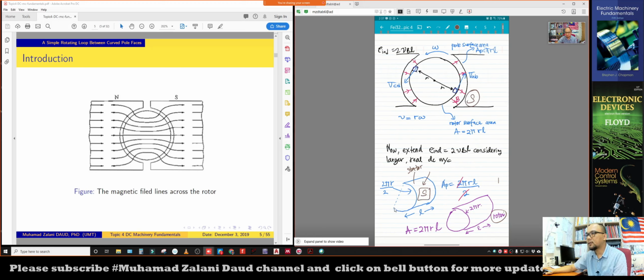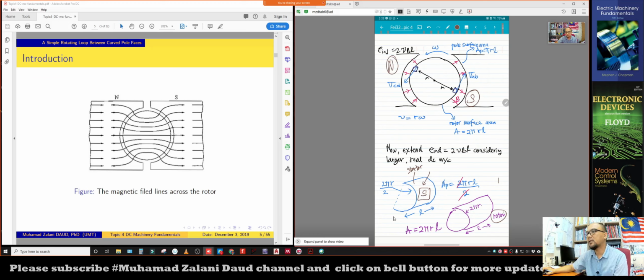Half of the curve here is 2 pi r, right? 2 pi r divided by 2, because it is half. I hope that you can see what I am drawing now. Oh, I spoiled everything. Okay, so at this particular curved pole face, the south side of the curved pole faces, as you can see, it is 2 pi r divided by 2, half of it. And this north side of the curved pole faces for the stator is another half.